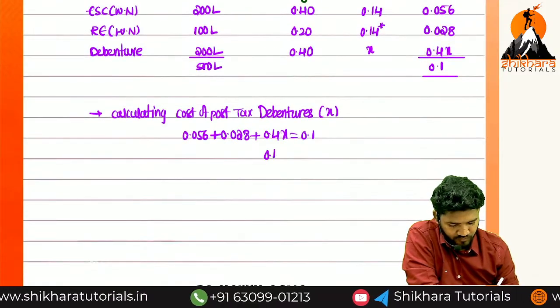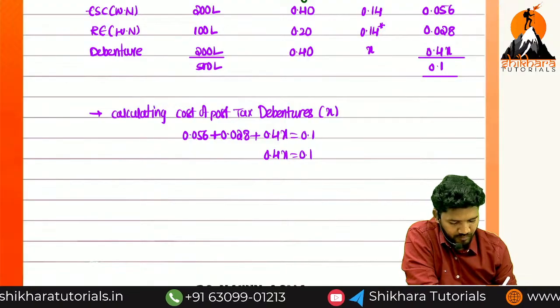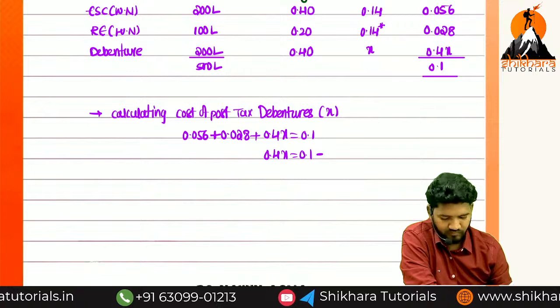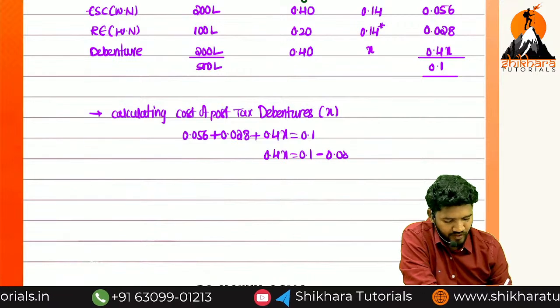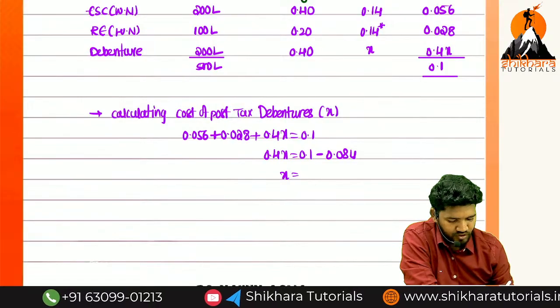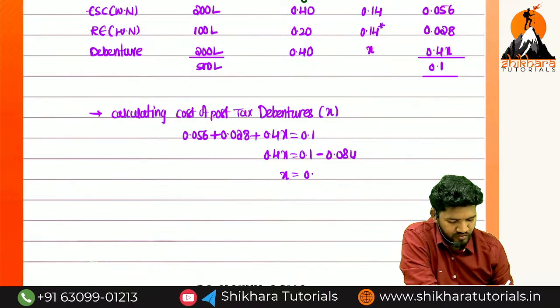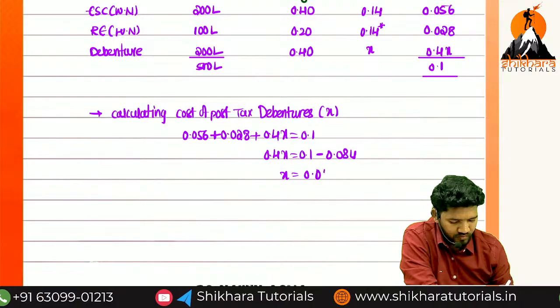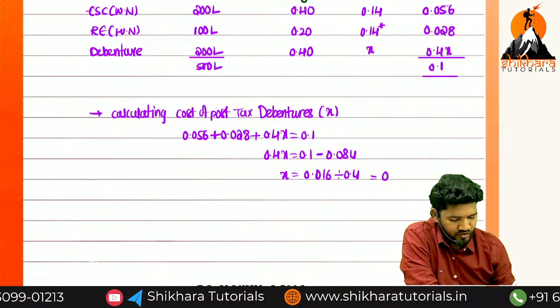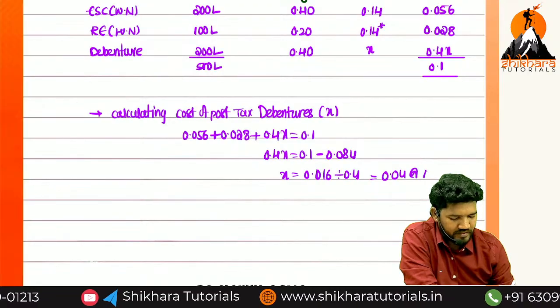Now 0.4x equals 0.1 minus, how much is this summation? 0.084. Now x equals, what about this? 0.016 divided by 0.4. 0.04 or 4%.